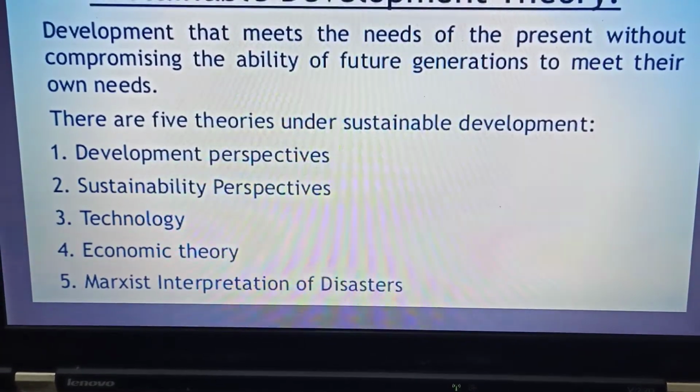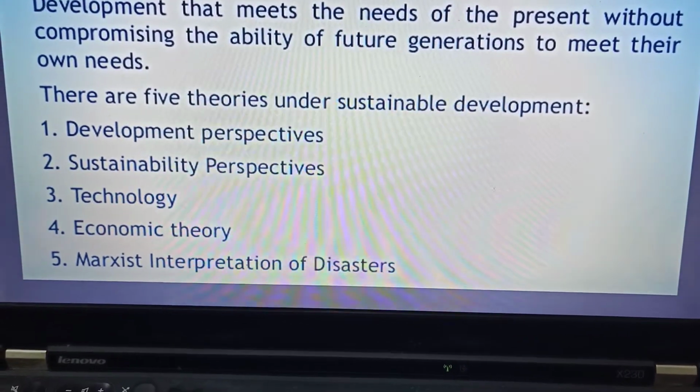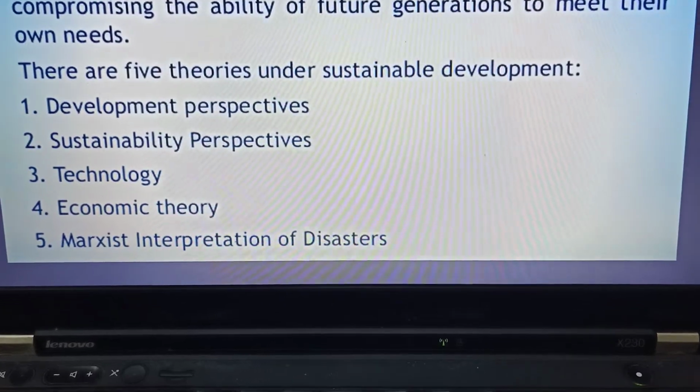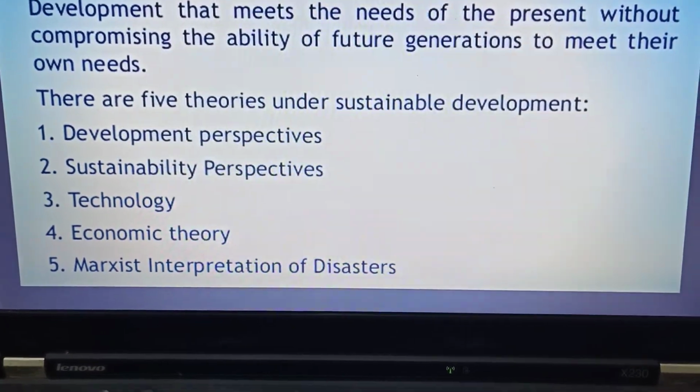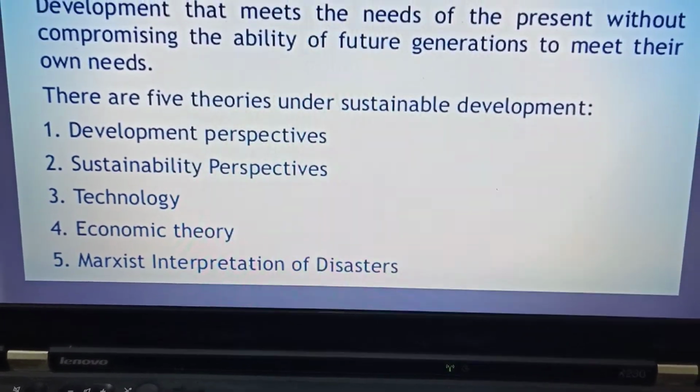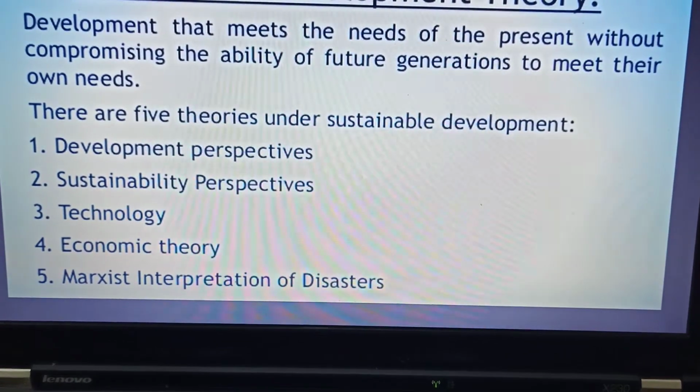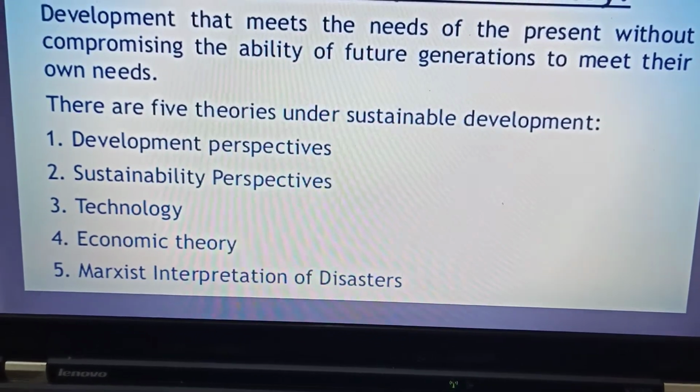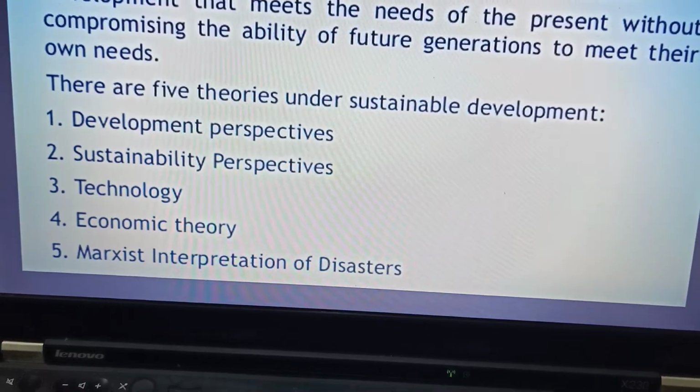The main cause for this is economic conditions and political powerlessness, which relates to disaster vulnerability, causing a great loss to humankind and also to the environment.